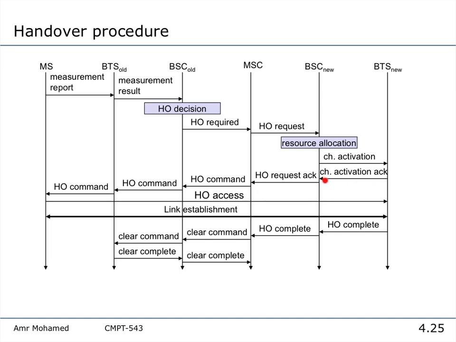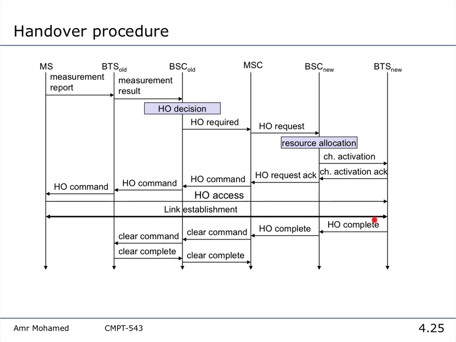Then if the acknowledgement is positive, we send this acknowledgement to the MSC, and then the command will be sent all the way back to the mobile station to start establishing the link end-to-end between the mobile station and the new base station, okay?